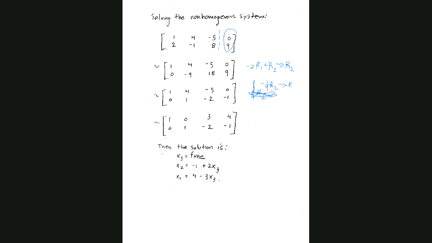These are just the same row operations that we used before. That's -4. I want to make it a little bit nicer.